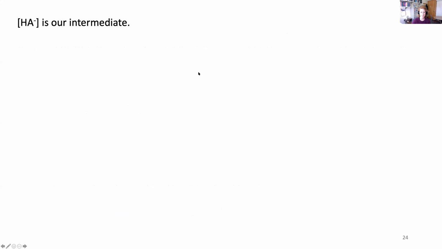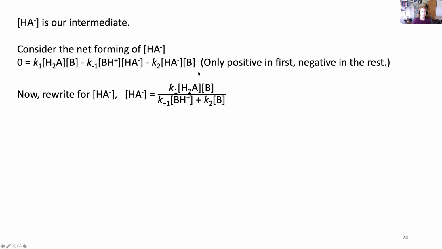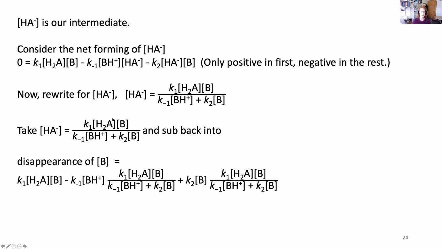Okay, so that's what we should see. Yes, so here's my BH plus, here's my B, here's H2A B, and then these are added, but I think they should be, oh no, because this is a minus and then these are minuses, so they end up. Okay, so I'm going to sub that back in to B of this expression.